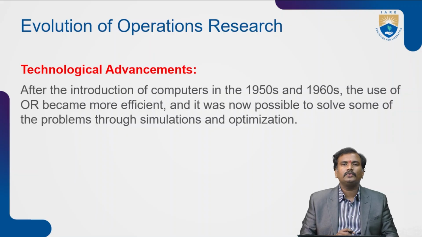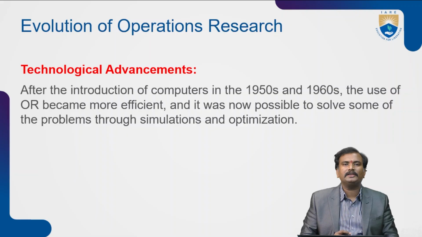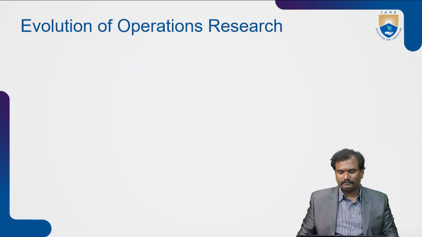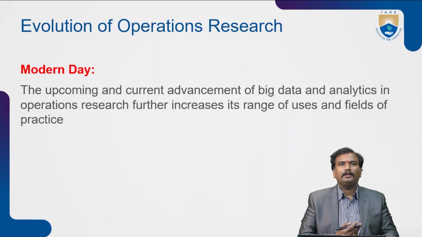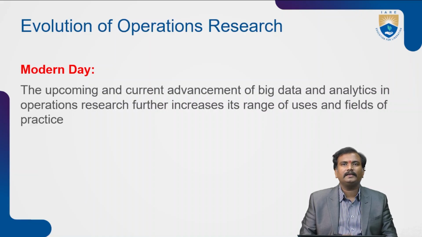That is, we can use these optimization techniques in simulations so that we can get a particular output in an optimized way. In the modern day, the upcoming and current advancement of big data and analytics in operations research further increases its range of uses and fields of practice.